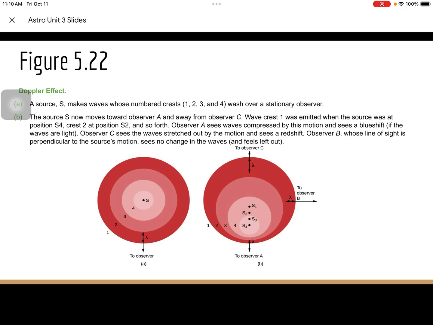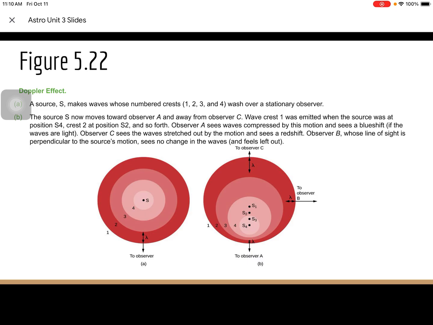Okay, so here is an example of those different shifts that we see depending on where the observer is, based off the movement that is occurring. So the first one is showing the stationary movement, so that's letter A there. If something was stationary, we really wouldn't view a huge change of movement.